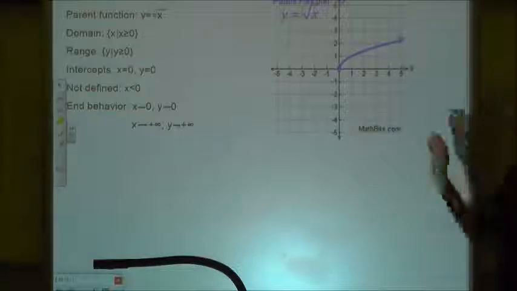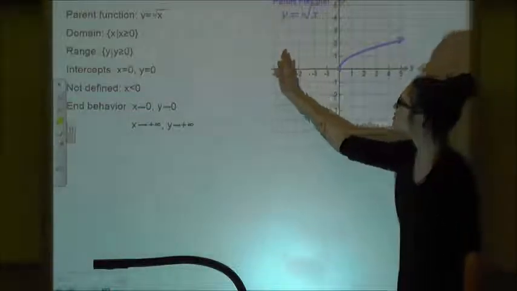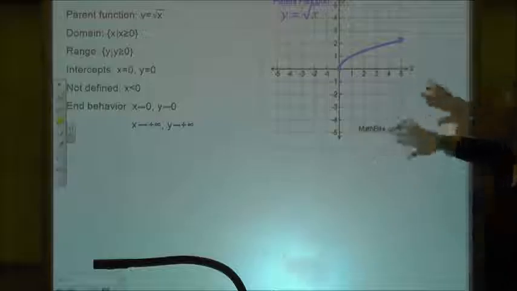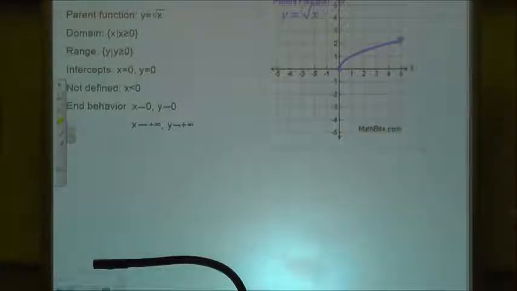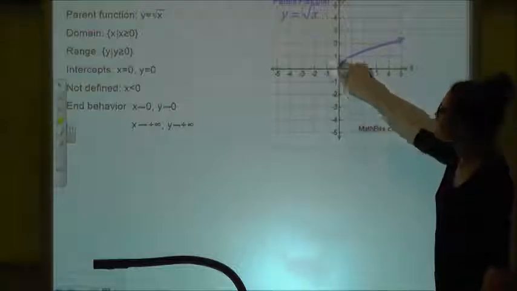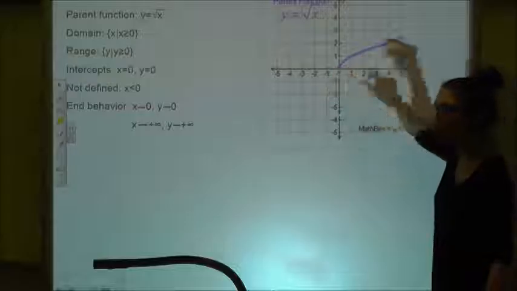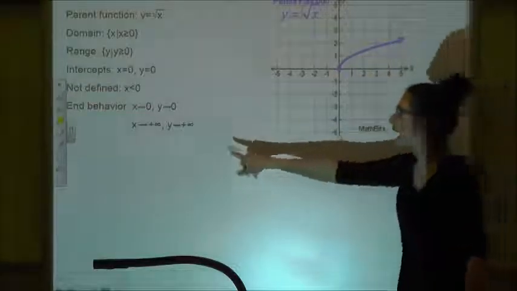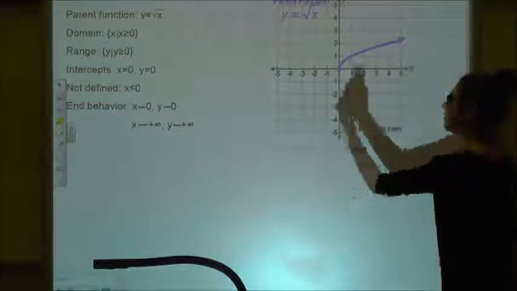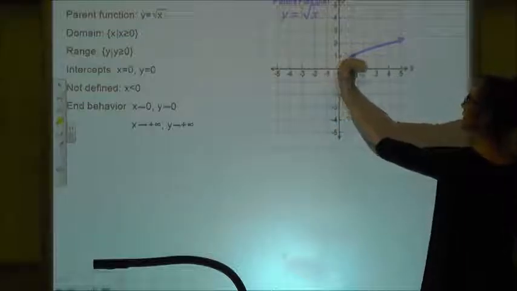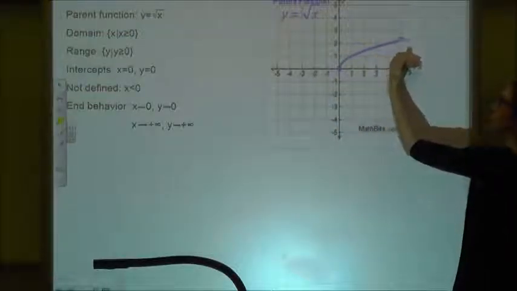Not defined when x is less than 0. So anywhere over here, there's no points. That's not defined. And in end behavior, as x approaches 0, that's a point. So at x is 0, what's your y? 0. And as x approaches positive infinity, so if you go in the x direction for positive infinity, what is happening to your y?